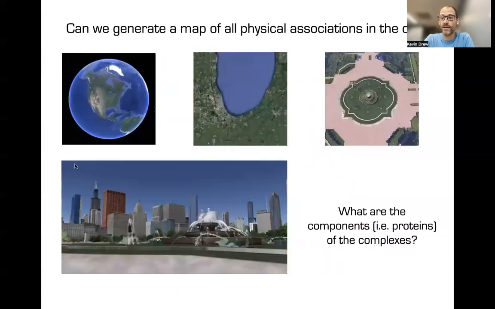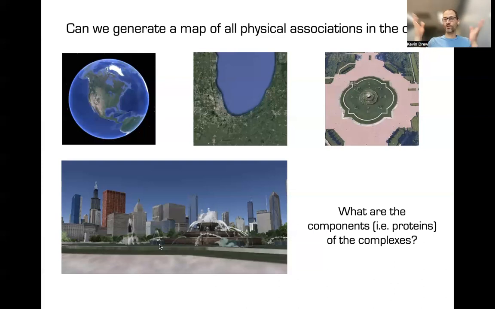I like to think about this as building a large molecular map for the cell, something akin to, say, Google Maps for the cell, where we can take this very broad view of what the cell looks like and be able to zoom in on different regional views, and then zoom in even further on, say, a specific biological entity, and then even take our little person and drop it down onto a street level view and be able to walk around and get some biological intuition in terms of the function of these biological entities.